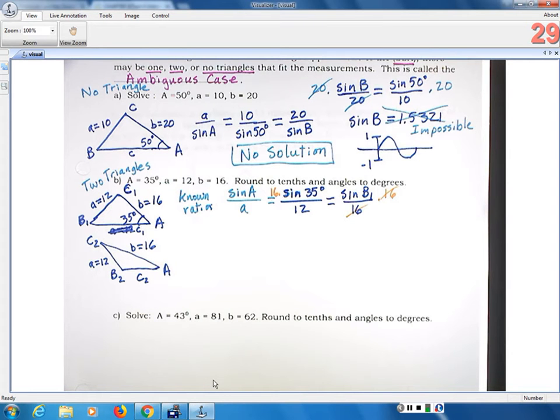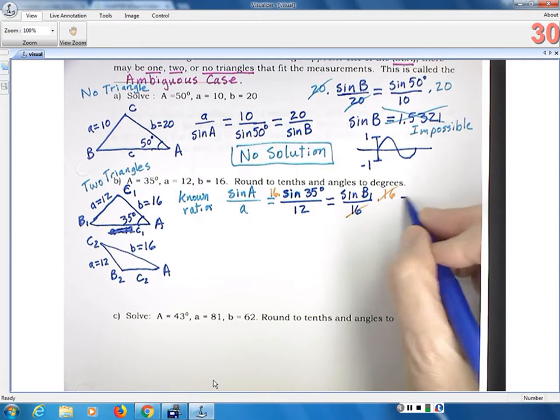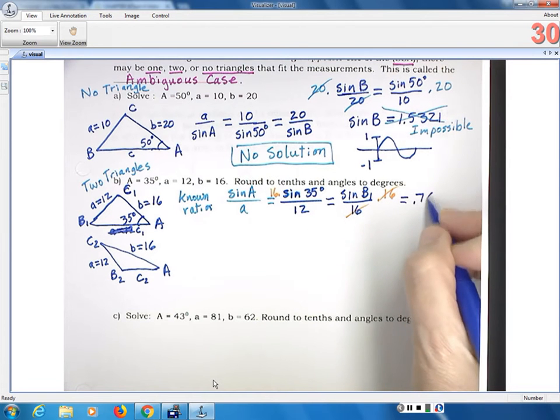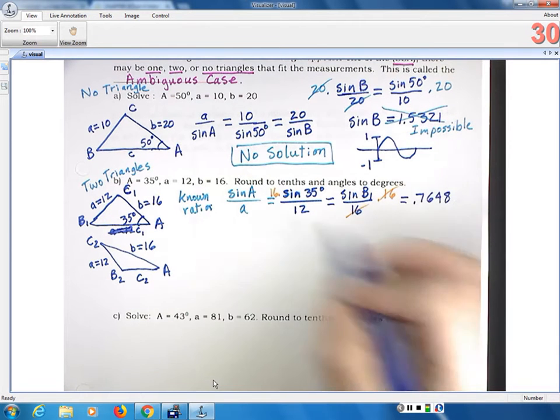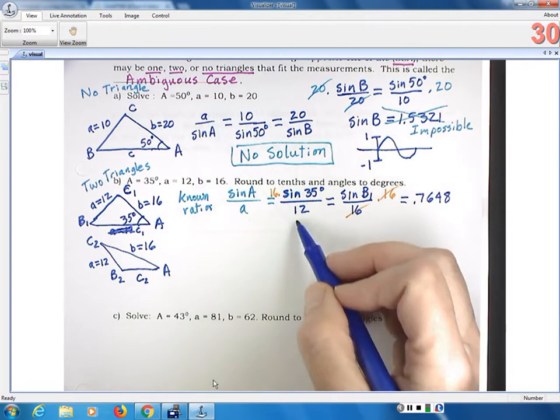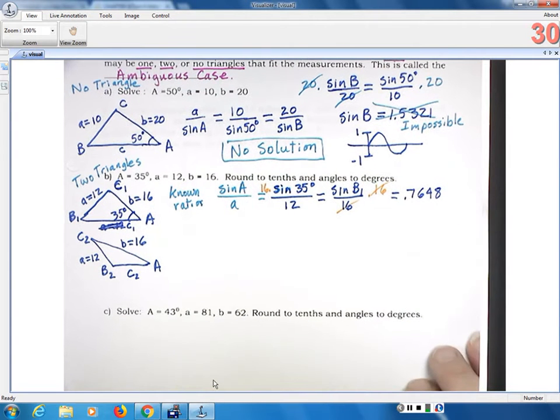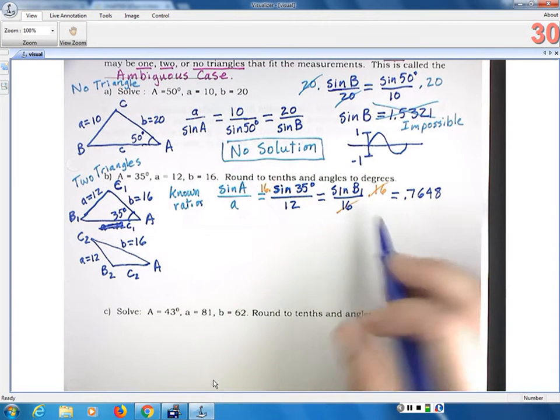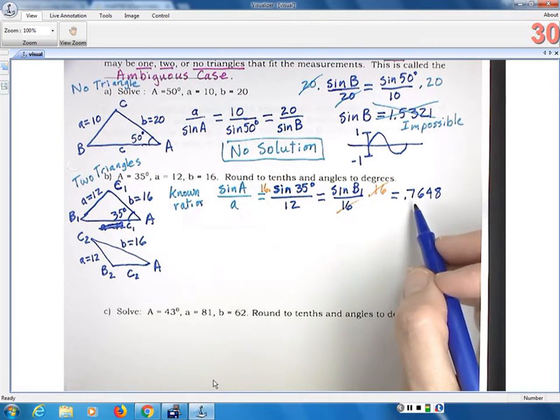Do you guys need to see me put it in the calculator? If you put in 16 times sine of 35 divided by 12, you get that. That is a number less than 1, so it does work.